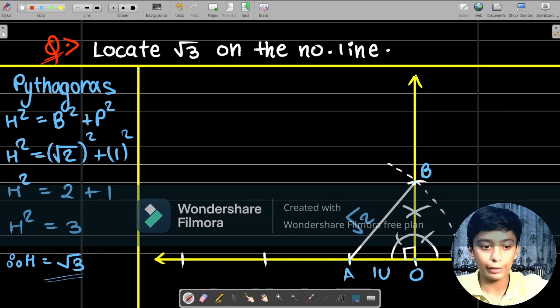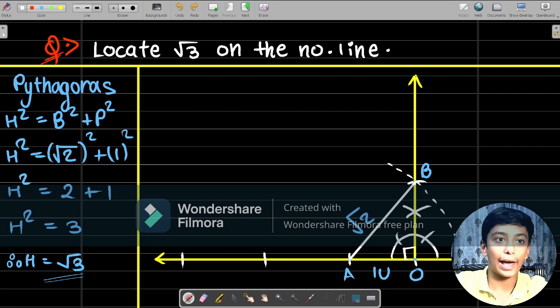So as you can see, this point over here where I am putting the red point, we will name as, let's say, point P, and I will write down the measurement of point P further.